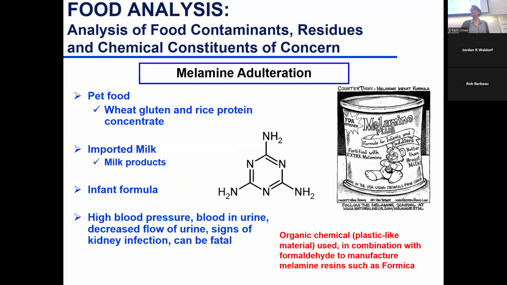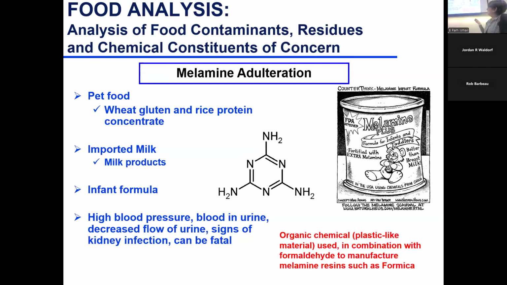Melamine, have you heard of it a few years ago? Maybe you were very, very young, maybe in elementary school, of melamine adulteration. Mostly in the US, it was in pet food. So what happened was, in pet food, you have gluten and you have rice proteins. And from what you know, that Kjeldahl measures amine groups.